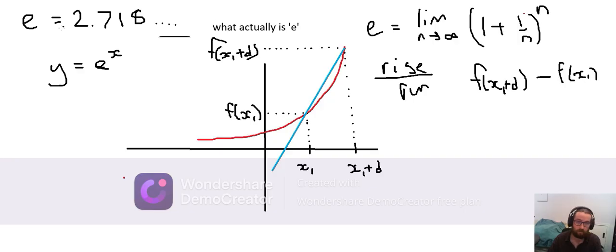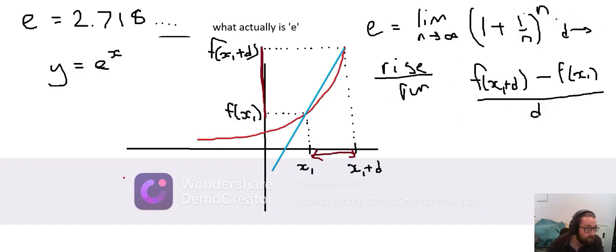Hopefully you can see that this is just going to represent this difference here. And what is my run? It's whatever this gap is, and this is a gap of length d. So I end up with this over d. And again, I want to analyze what happens to this equation as d approaches 0.